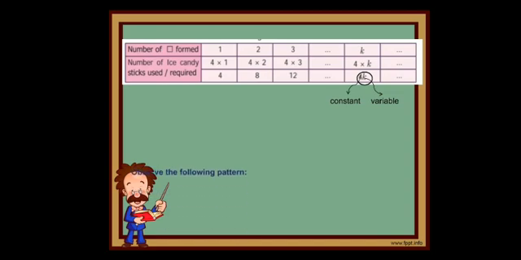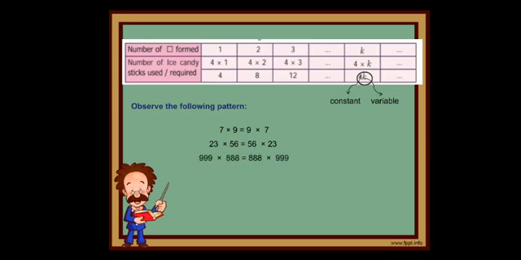Now observe the following pattern. 7 times 9 is equal to 9 times 7. 23 times 56 is equal to 56 times 23. 999 times 888 is equal to 888 times 999. So from these, what can you observe?